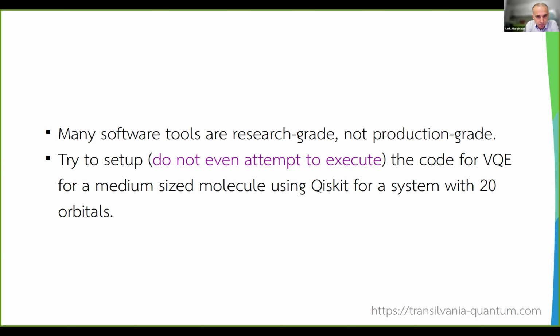On my computer, on my Jupyter notebook, the tab basically died. And this is true for many other software frameworks. They are very good for experimental and for small or medium-sized jobs, but they are not yet up to the standards required for production in order to obtain useful, interesting results.